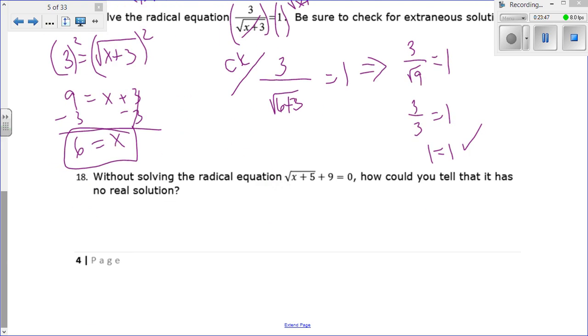My last problem. Without solving the radical equation, square root of x plus 5 plus 9 equals 0, how could you tell that it has no real solution? Well, I'm not going to actually solve it, but I am going to isolate it.